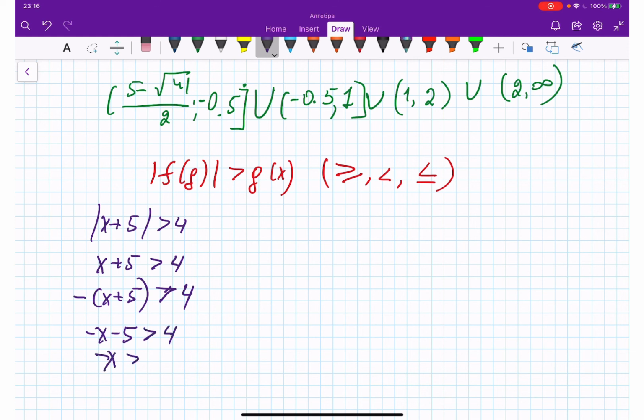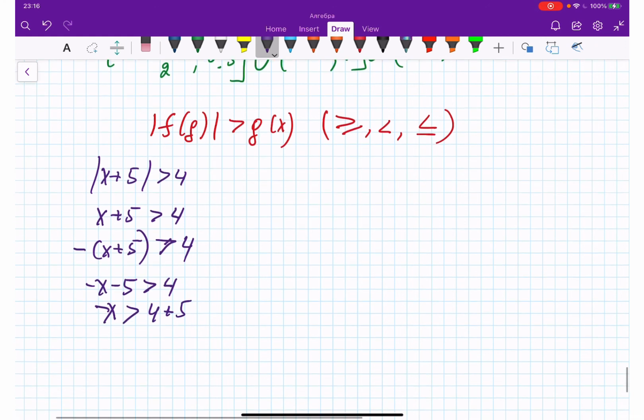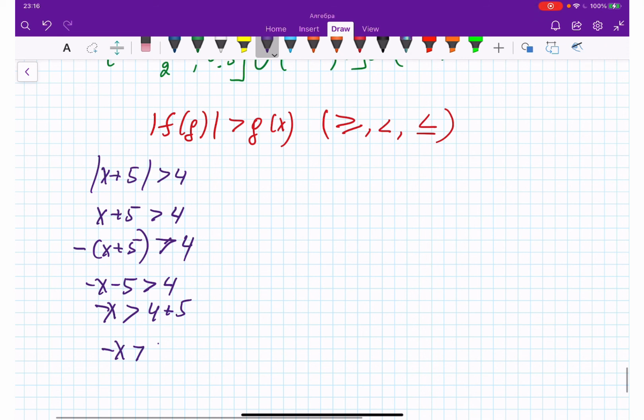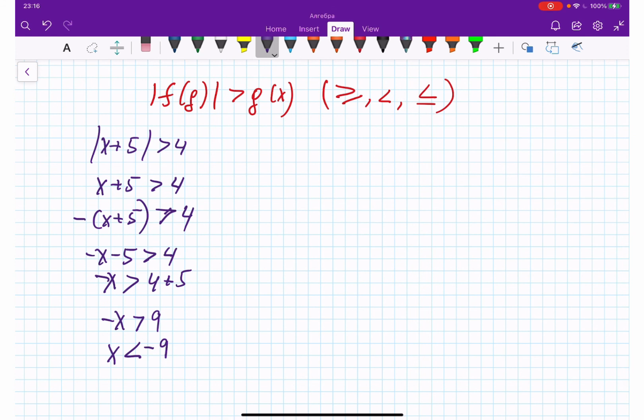Negative x is greater than 4 plus 5, which is negative x is greater than 9, and x is less than negative 9. Right? Okay.